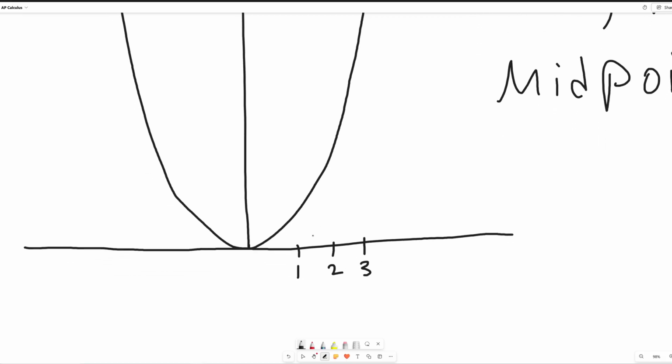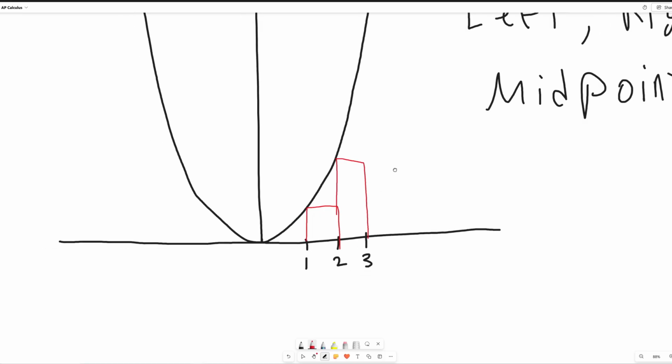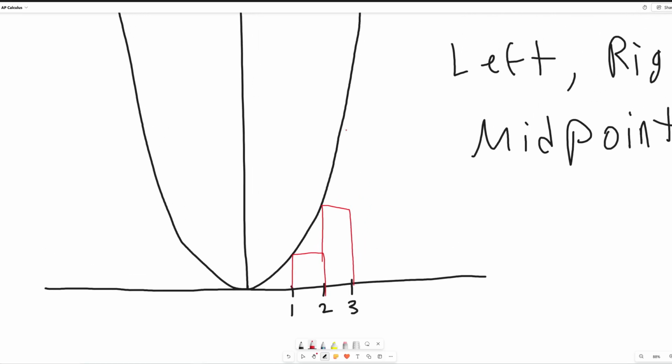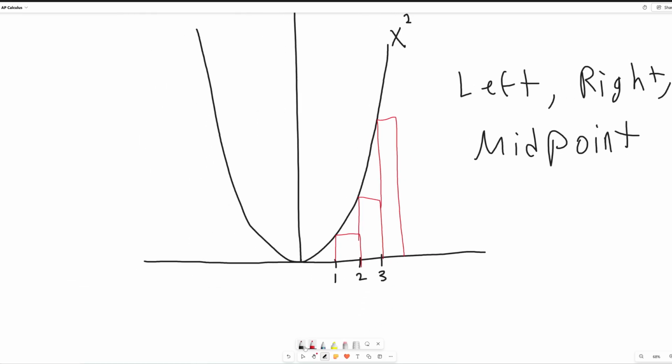So a left Riemann sum has the left corner of these rectangles on the curve. So a left Riemann sum, I'm going to draw it in red, would look like this. The left corner of the rectangles is on the curve.